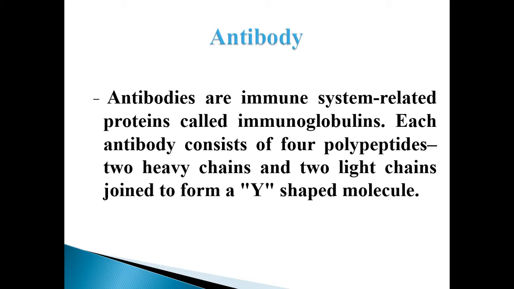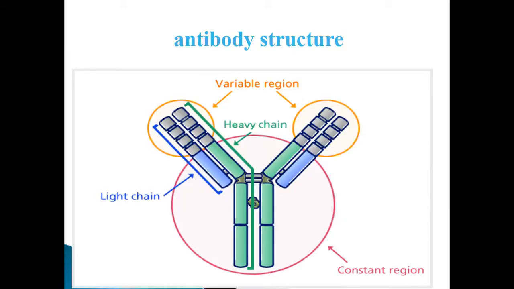These react specifically with the antigens which stimulated their production. The immunoglobulins have a basic unit of 2 light chains and 2 heavy chains in a light-heavy-heavy-light arrangement. There are 5 classes. This is the antibody structure.